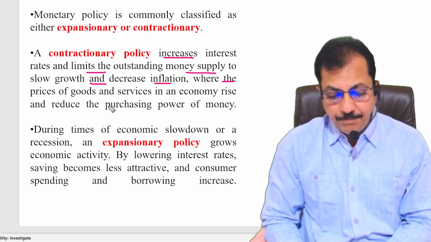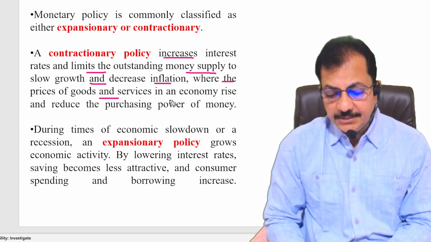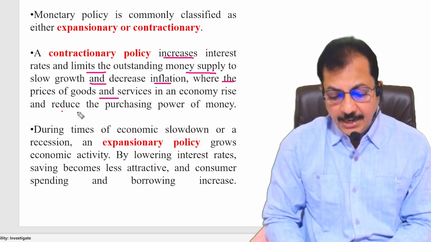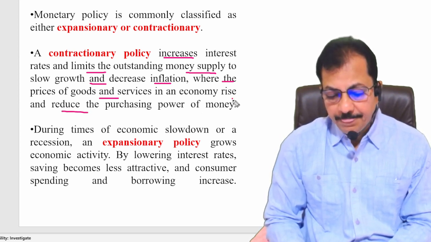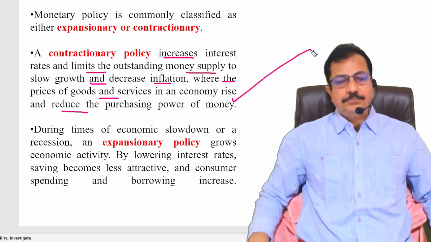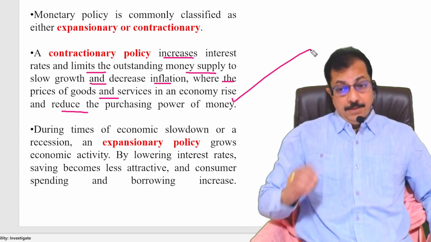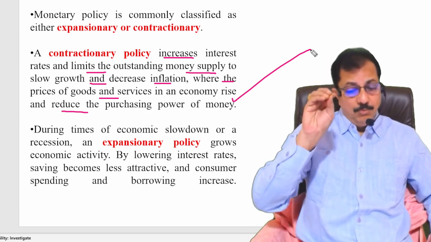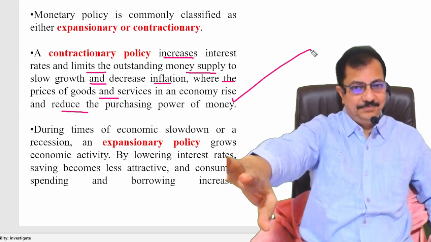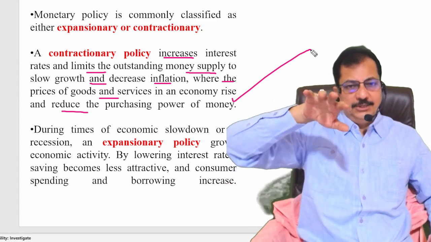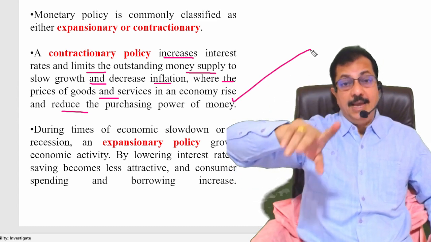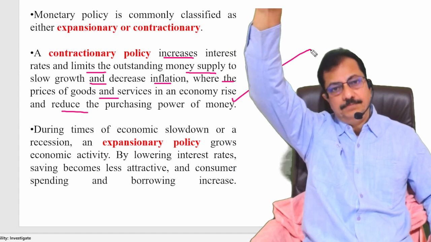Inflation is where the prices of the goods and services in an economy rise and reduce the purchasing power of money. So what is happening here? I told you some time back, hope you remember, when there is more money in the market, that will lead to inflation.